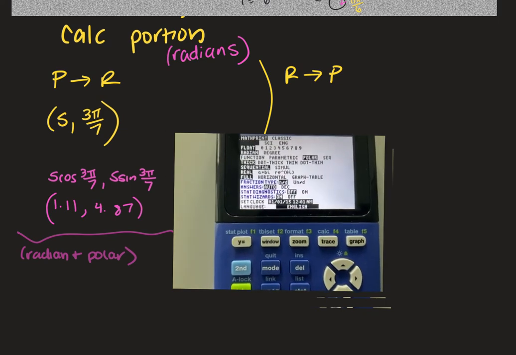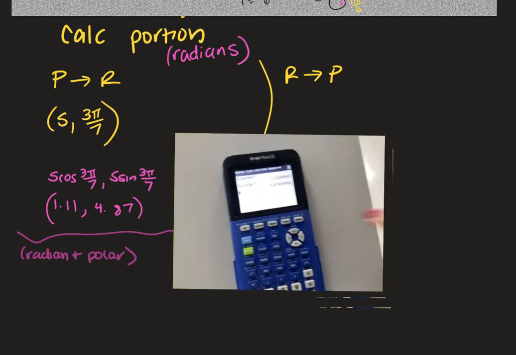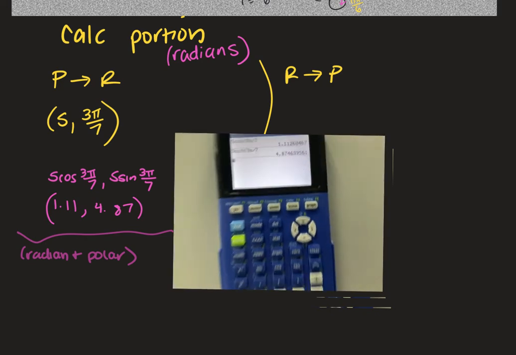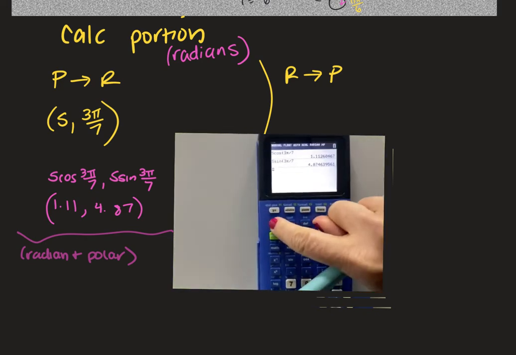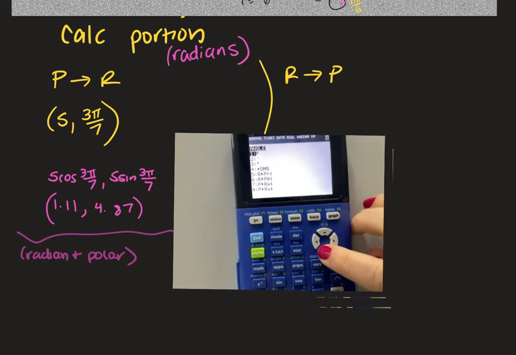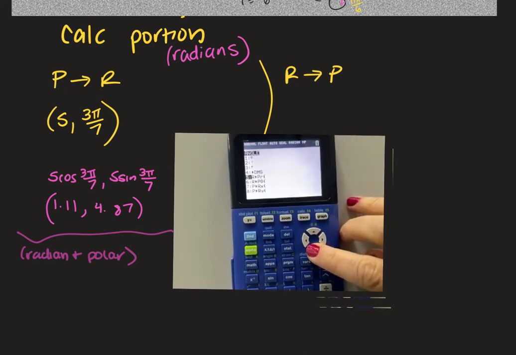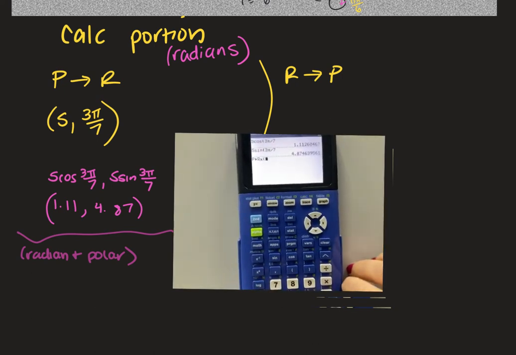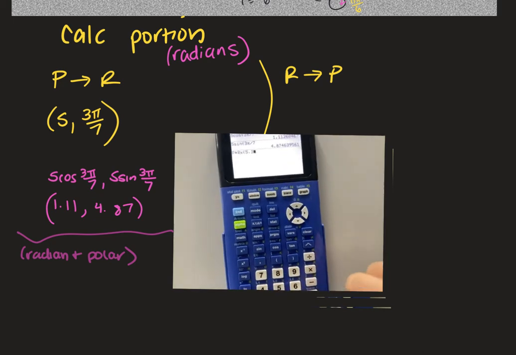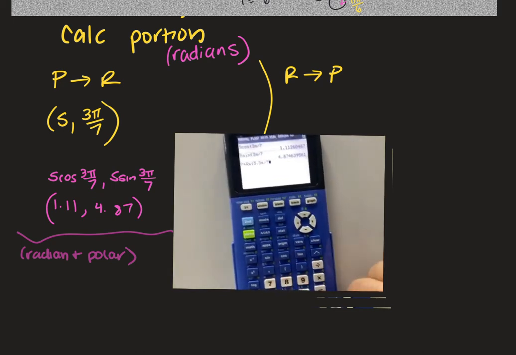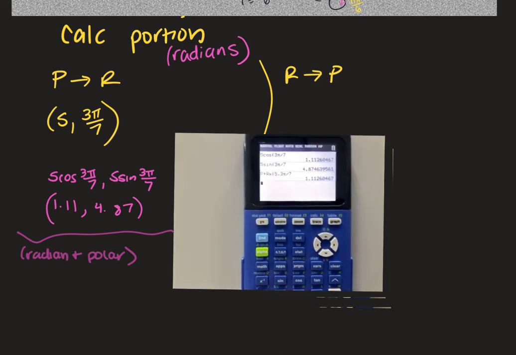Then I'm going to press second quit. The shortcut keys are underneath your angle menu, which is above your apps. So if I do second apps, this is going polar to rectangular. I'm going to do polar to rectangular x, and I do 5, 3 pi divided by 7, and there's the x coordinate.